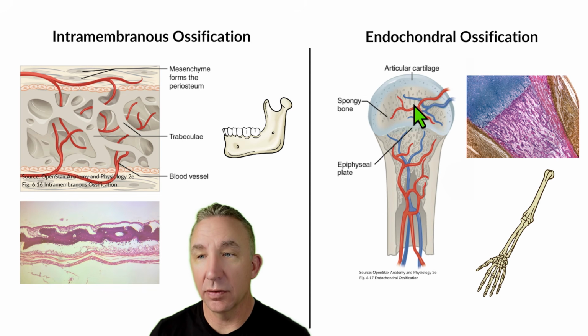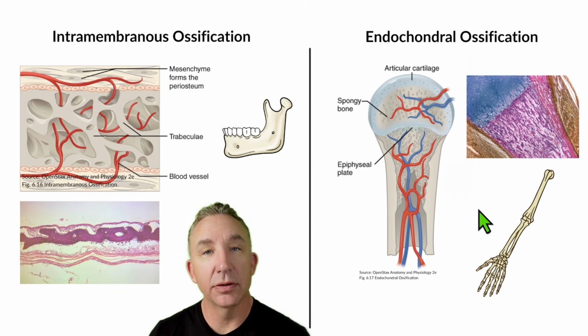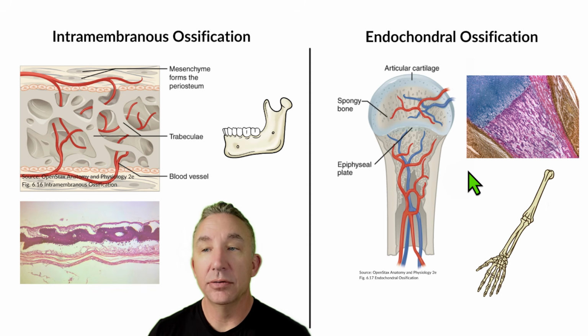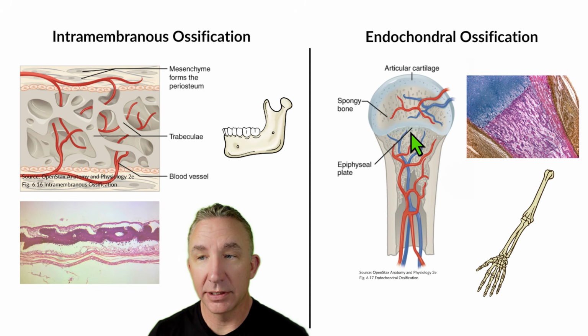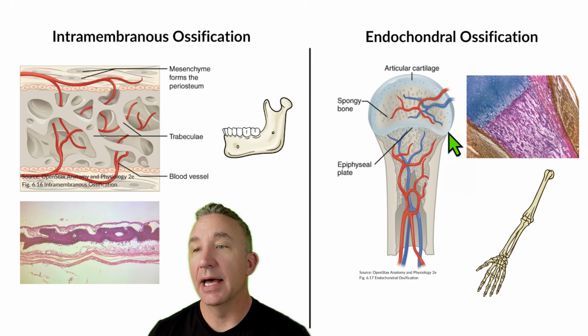Versus when we look at endochondral, this is showing you a long bone. So a lot of our long bones go through this process, using hyaline cartilage, and it occurs at the epiphyseal plate. So this section here, at the epiphysis and then the diaphysis, there's a section in between there, a region called the metaphysis, and this is where I have hyaline cartilage.